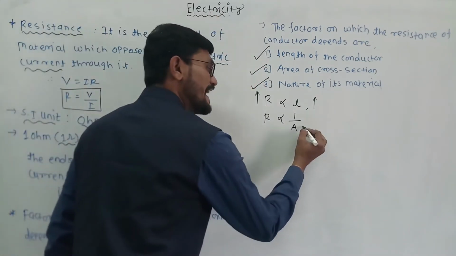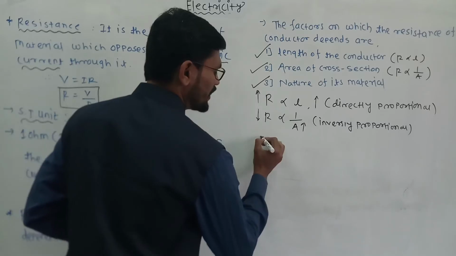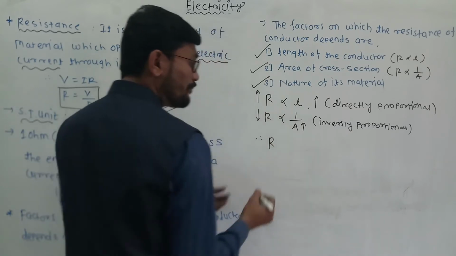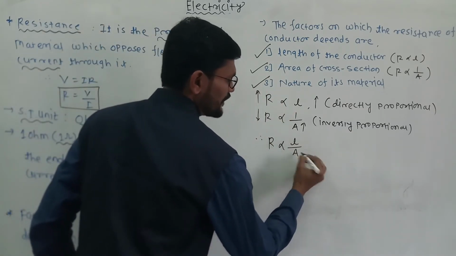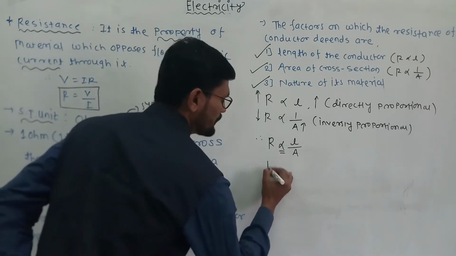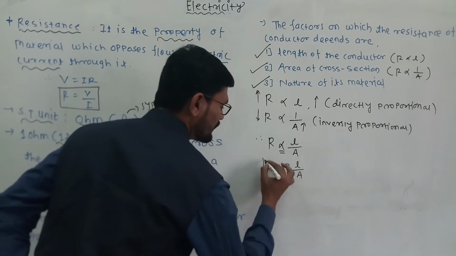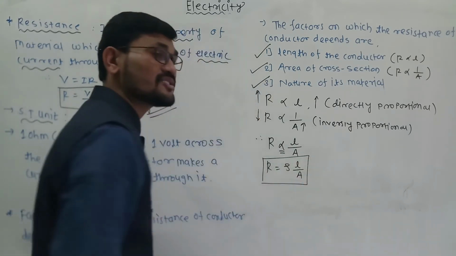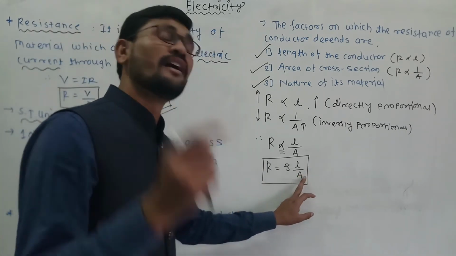If the area increases, resistance will decrease. Therefore, the combined result can be written as R is directly proportional to L divided by A, and the proportionality constant is rho, so R equals rho L divided by A.